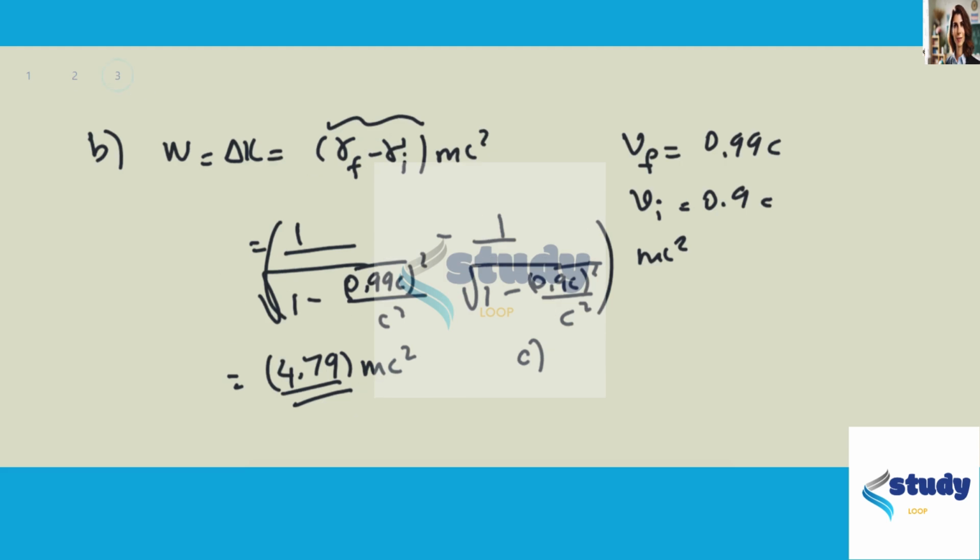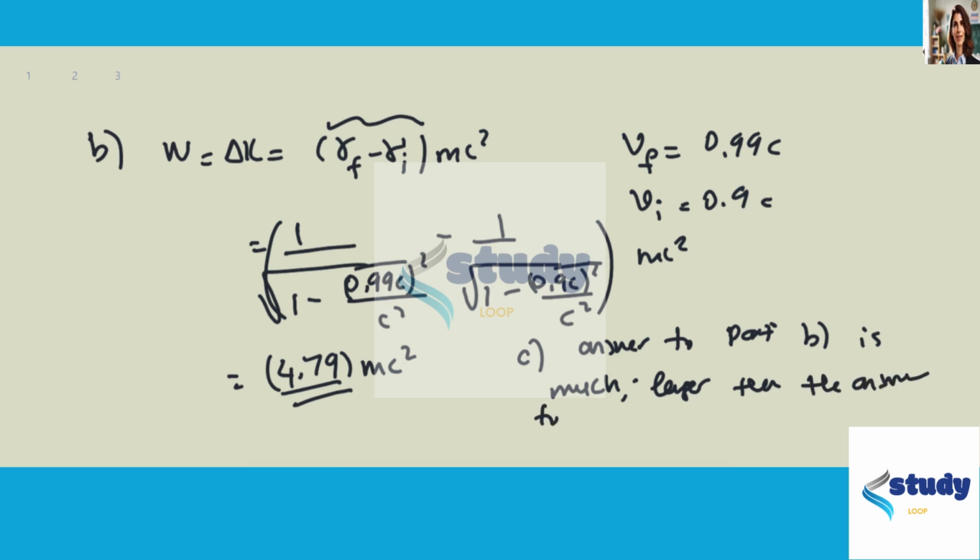So the answer to part B is much larger than the answer to part A. The reason for that is the greater the velocity that you want to accelerate the particle to, the more energy it requires, right? And finally, if you're getting really, really close to the speed of light, actually you require an infinite amount of energy. So it makes sense.